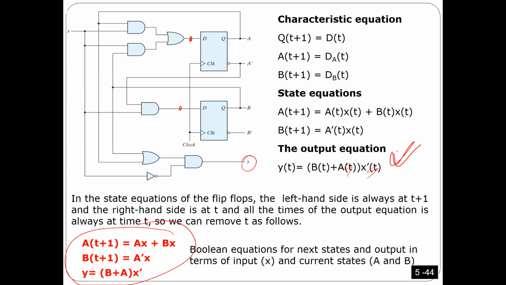Number two, this is a very easy case, because I need to get the next value here. Once you know the input at time t, it is going to be equal to the next value for A, because this is a D flip-flop. This is not going to be the same case if I use other flip-flops. But anyway, let's stay here.